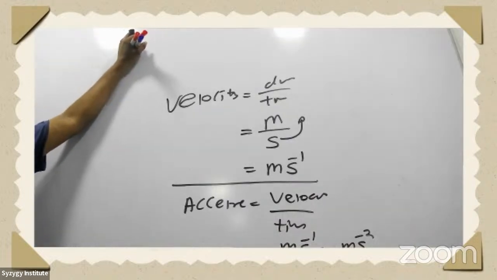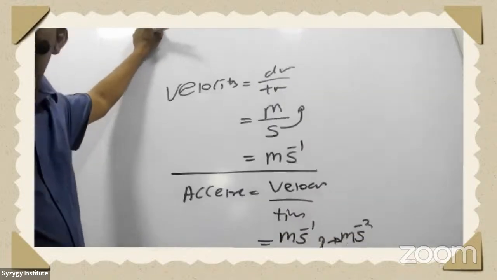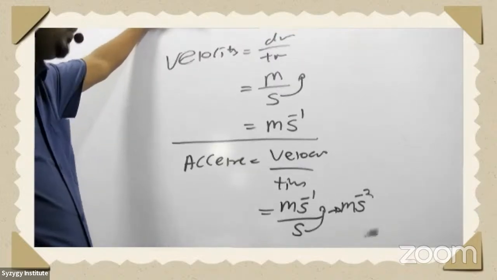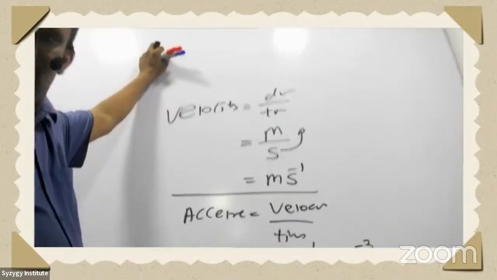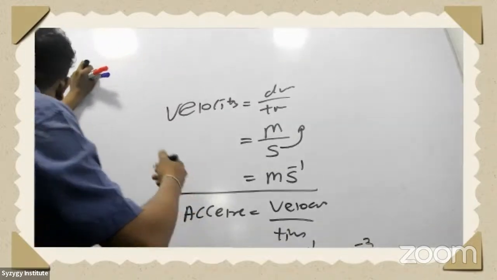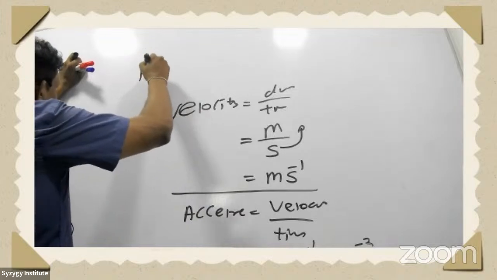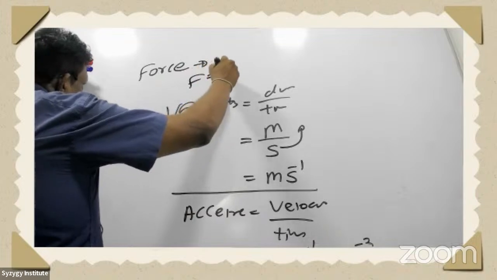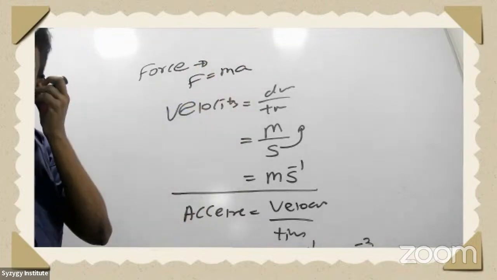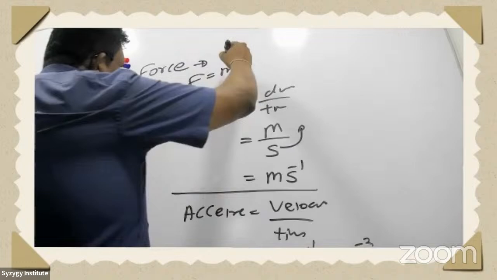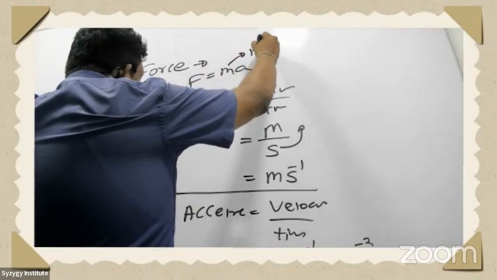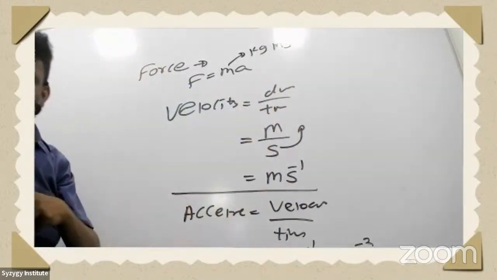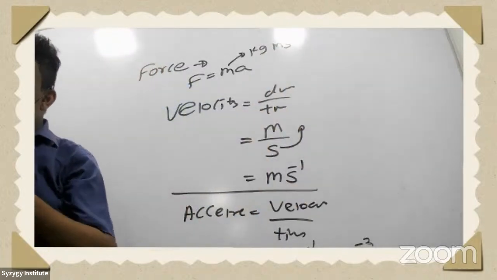Then, if you want to calculate force, we know F is equal to ma, mass into the acceleration. The unit of mass is kilogram and acceleration is ms minus 2. So kg ms minus 2. Is it clear?